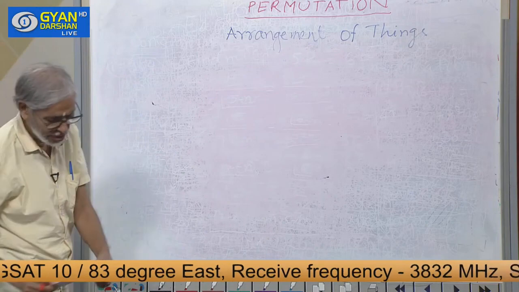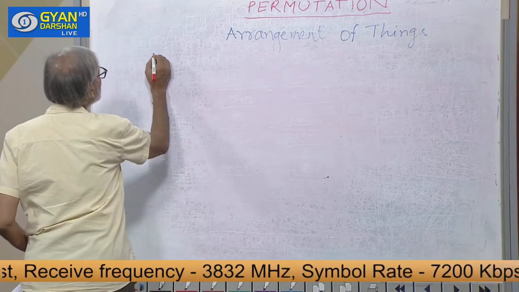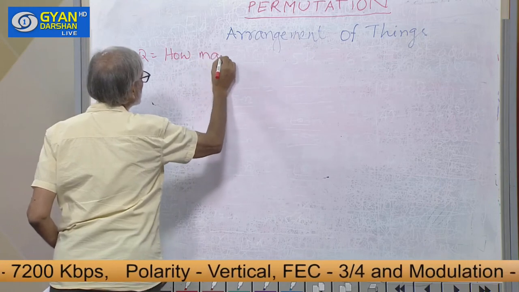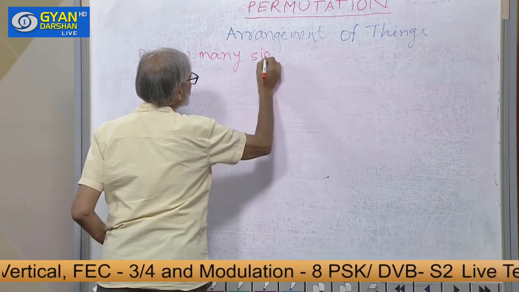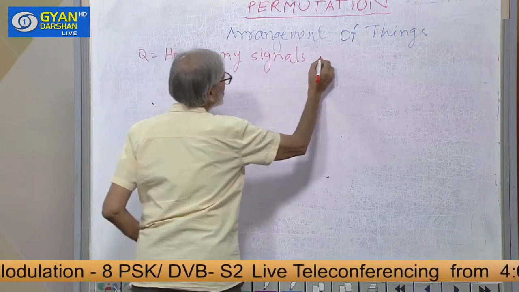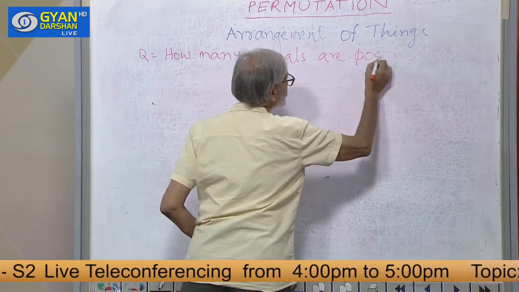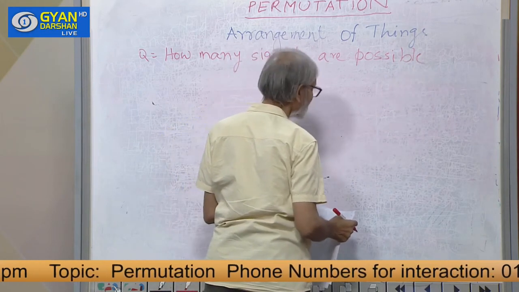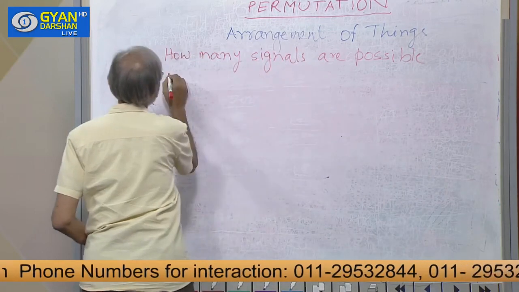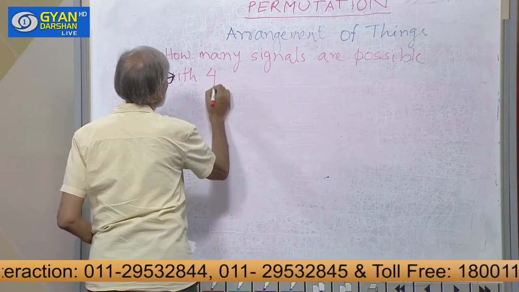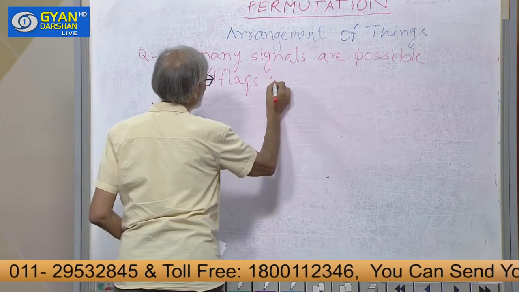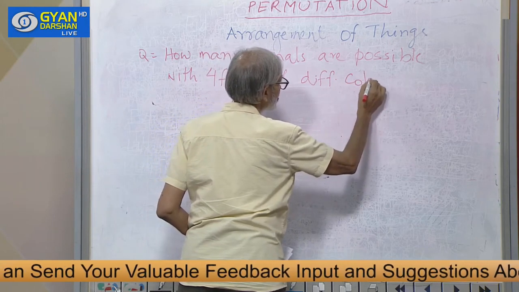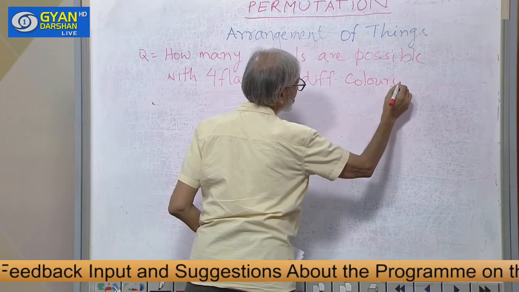So how many signals are possible? Signals are possible with 4 flags of different colors.